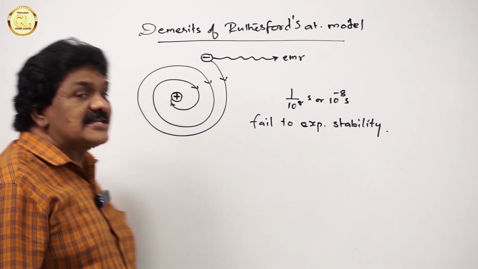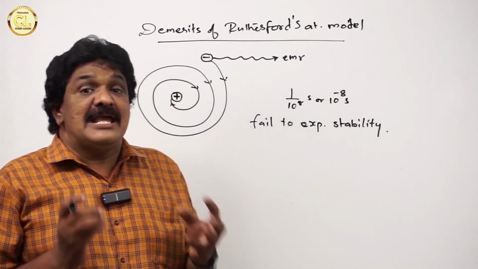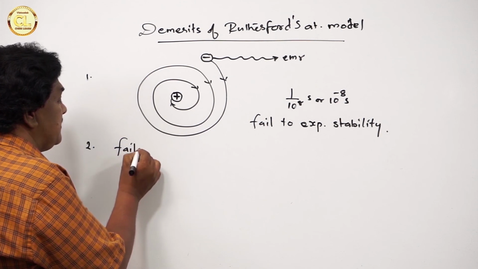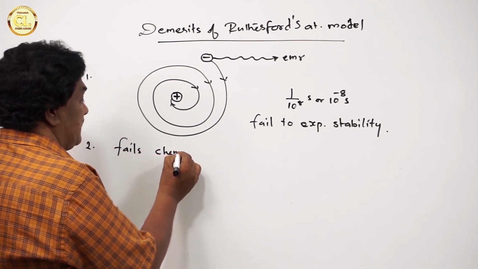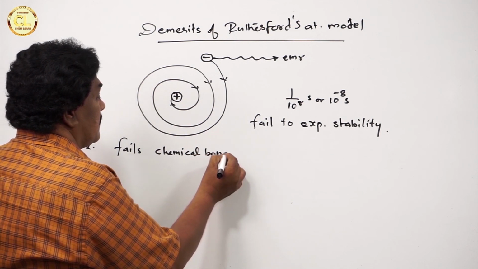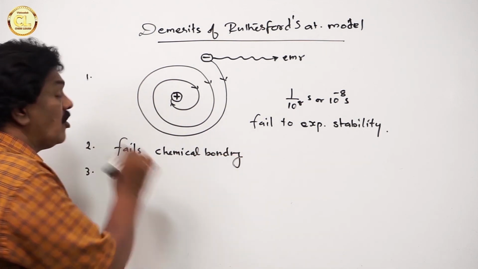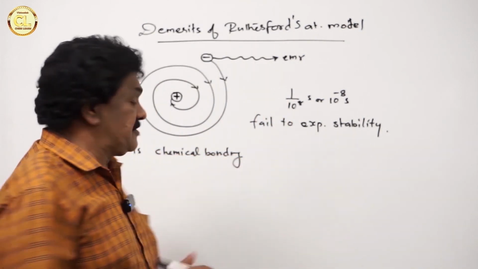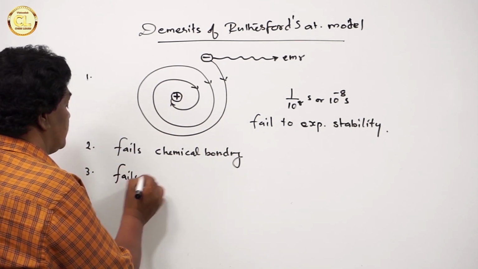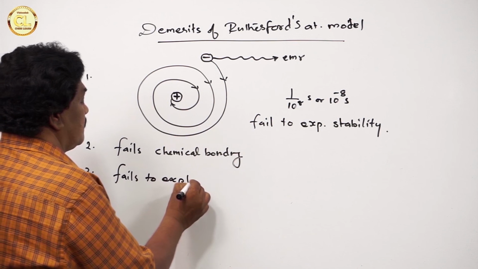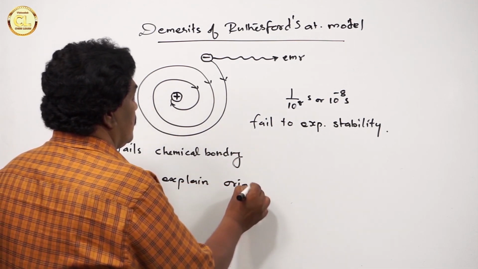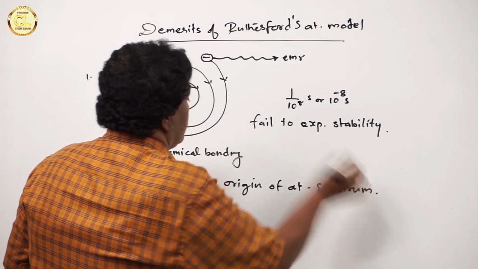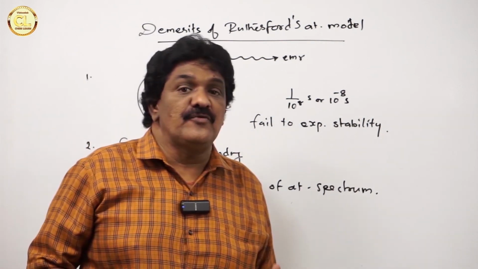Second, it fails to explain chemical bonding in a satisfactory way. Third point, it also fails to explain the origin of atomic spectrum. These are the important demerits of Rutherford's atom model.